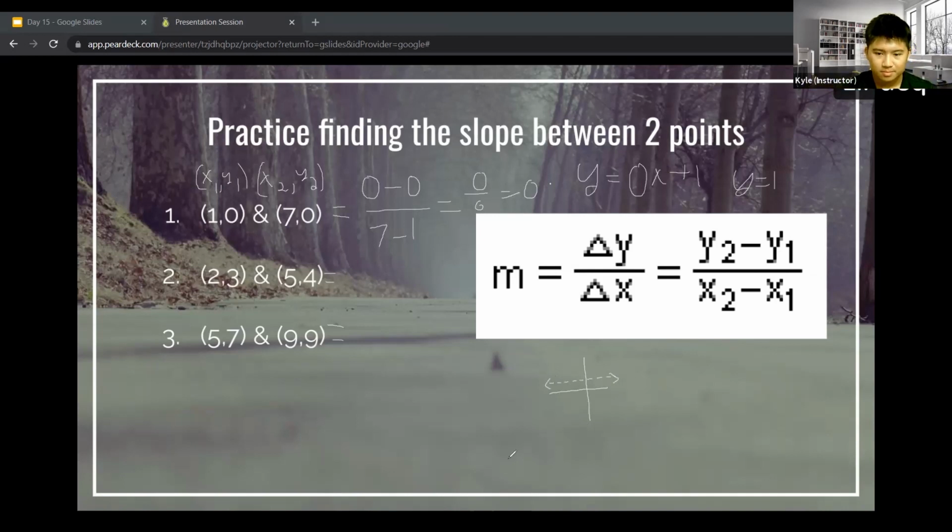Okay, so now let's see the second question. Load your answers in for the second question and answer in 3, 2, 1, go. Okay, Bowen says 1/3. Anyone else?